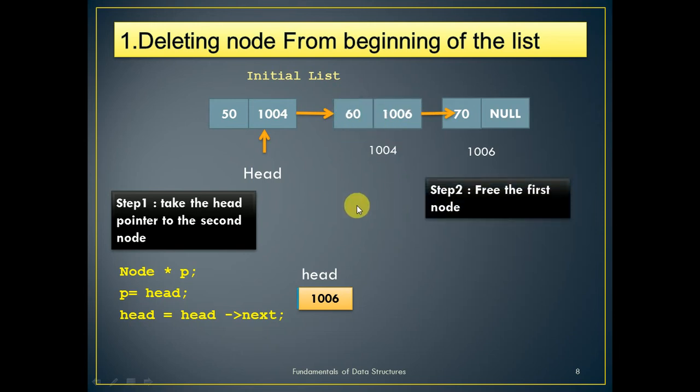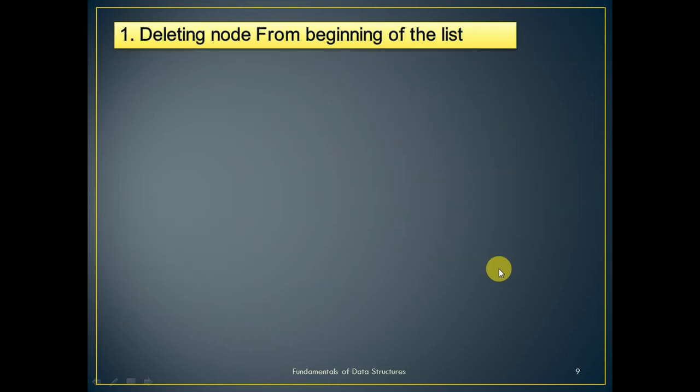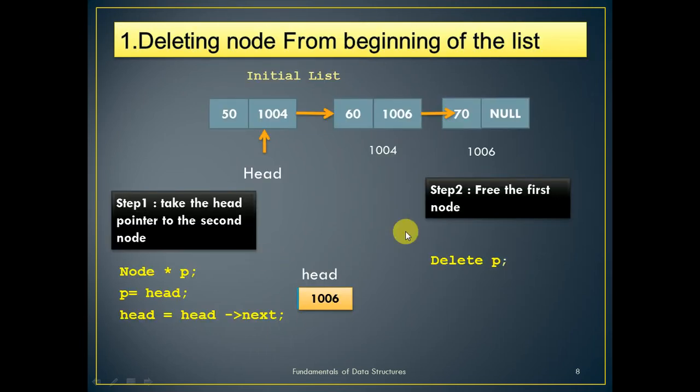So head is now at the second position. In the second step we have to free the first node. To free the first node we use the memory deallocation function, the delete function. The syntax is only delete and the pointer variable name, that is delete p. These are the two steps required to delete the first node of our list.